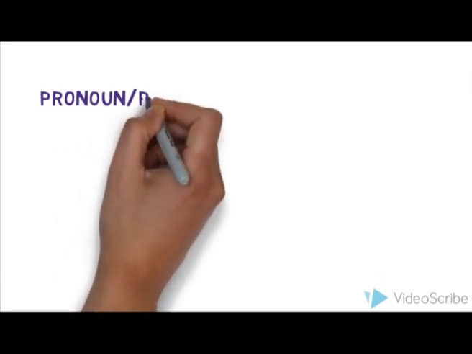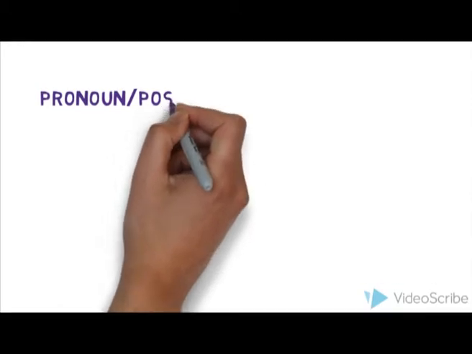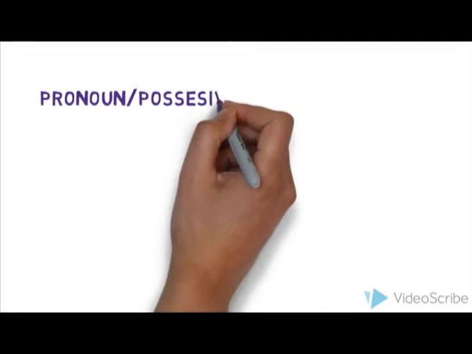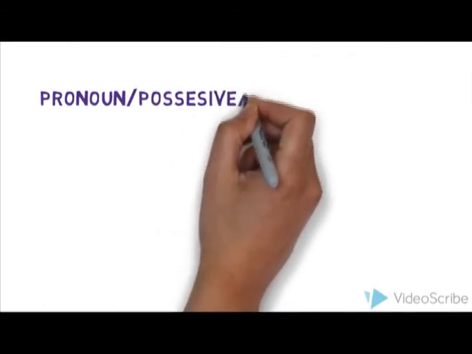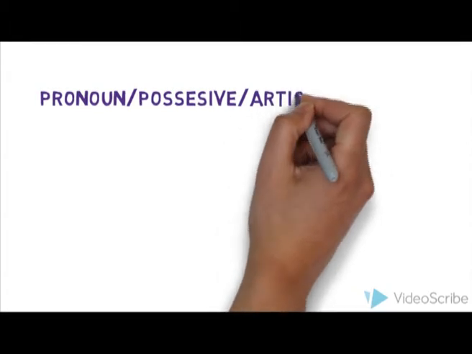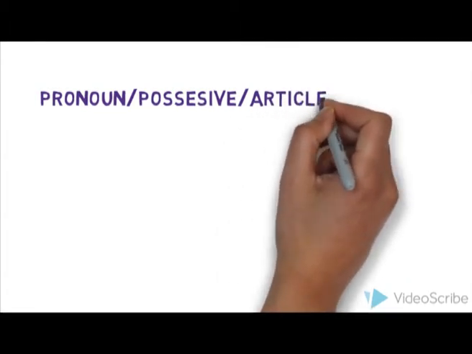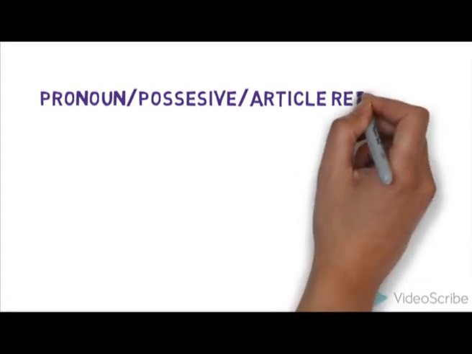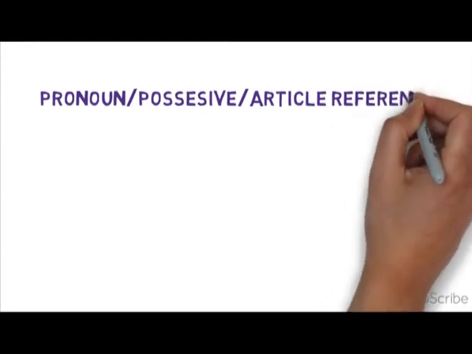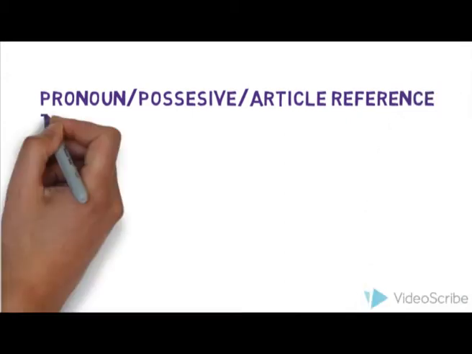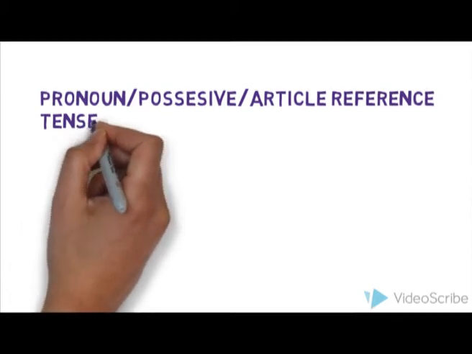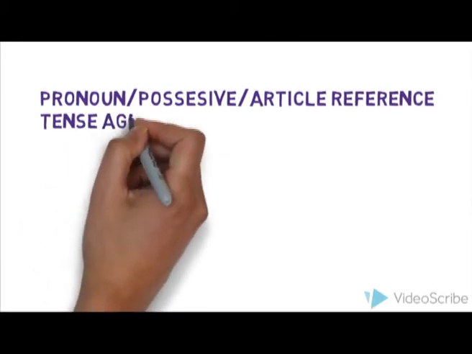We also have article reference, which is often used for anaphoric reference, to talk about something previously named, and for exophoric reference, to talk about something that the writer assumes as shared knowledge with the reader. We also have, for grammatical cohesion, tense agreement. If a writer is constantly changing tense, the text will not hold together in the same way.